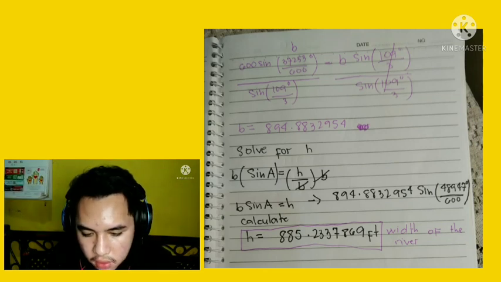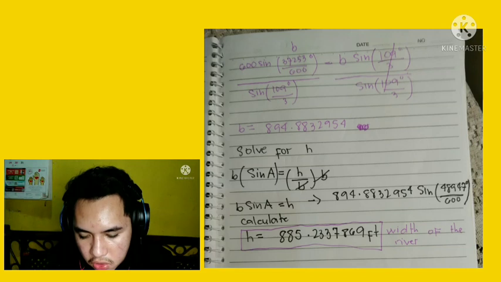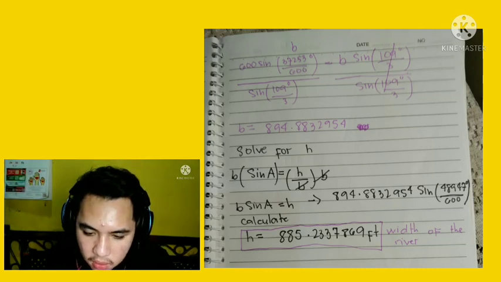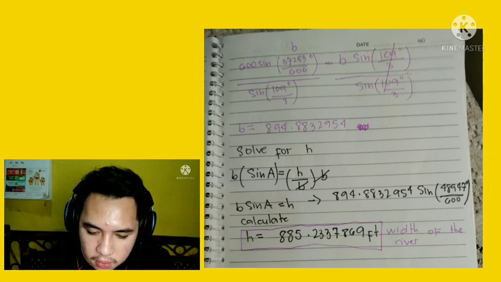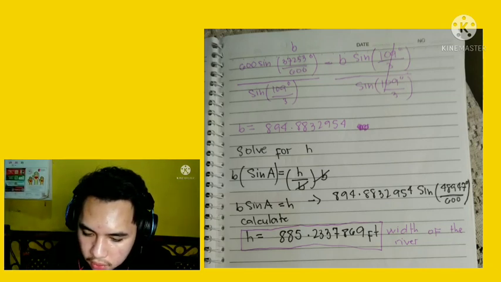So to solve for our H, we have the formula here. Sin A is equal to H over B. To find H, we multiply both sides by B. So we have now B sin A is equal to H. So now we can calculate for our H. Our B is 894.883294 times sin 48947 over 600 degrees.